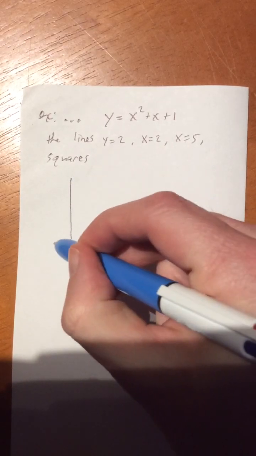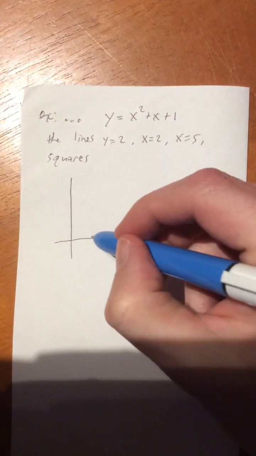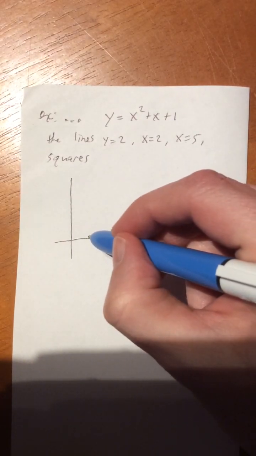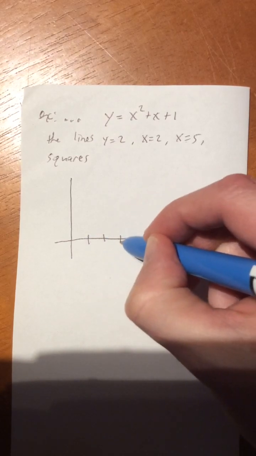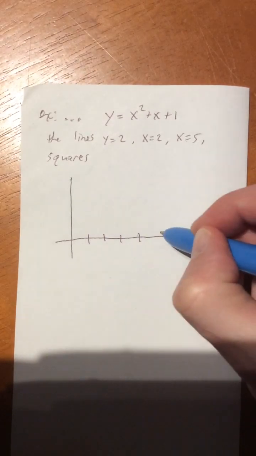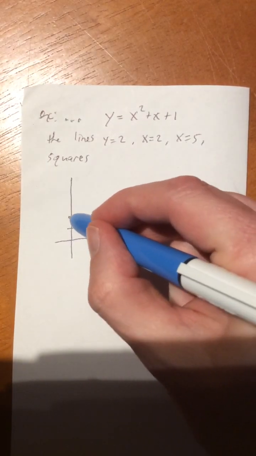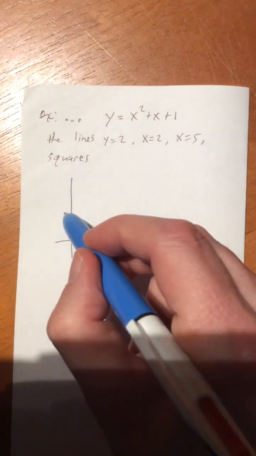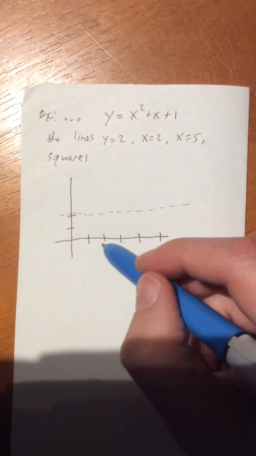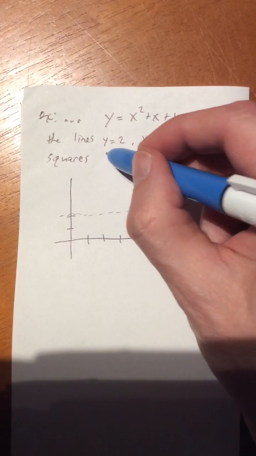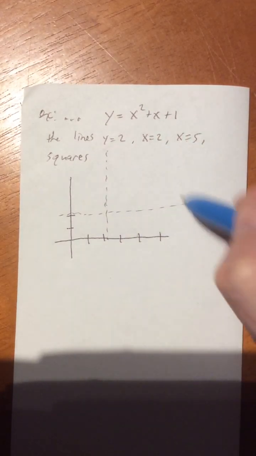So we have our region right here. I'm kind of reaching a little bit, so I may not be in as good a control of my writing as I'd like to be. 1, 2, 3, 4, 5, and the line y equals 2. So we're going to go across here, and x equals 2, we're going to be here, and 5.